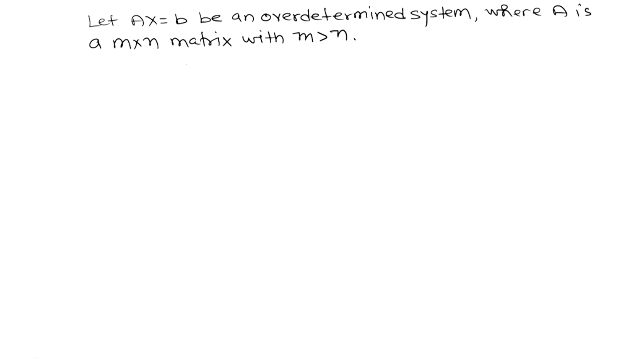So, in the last lecture we have learned the least square approximation of this can be written like this: x equals to A plus into B, where A plus is the pseudo inverse of A and it is defined as A transpose A inverse into A transpose.